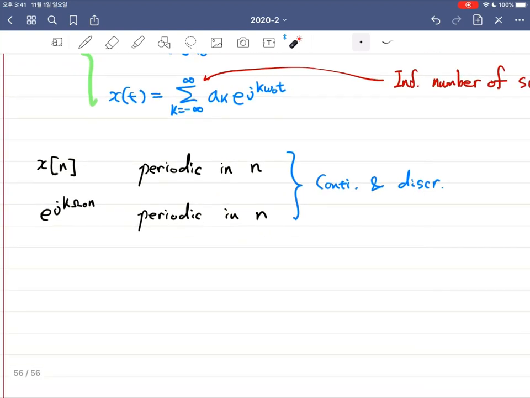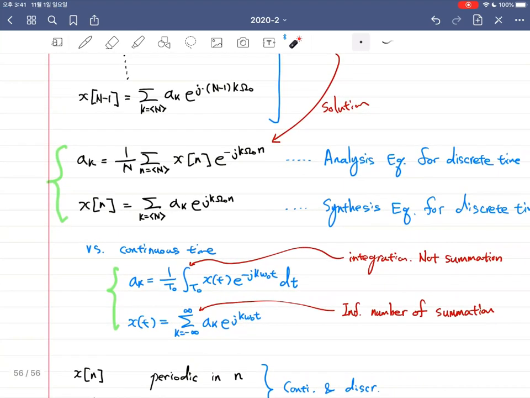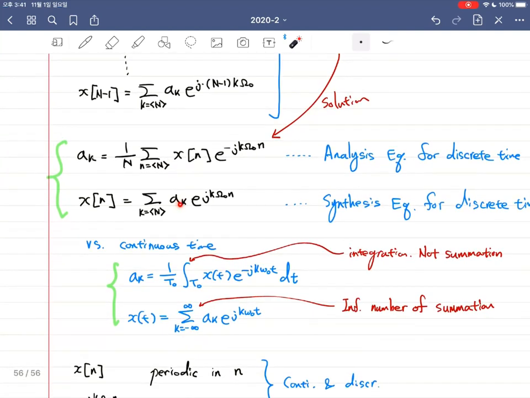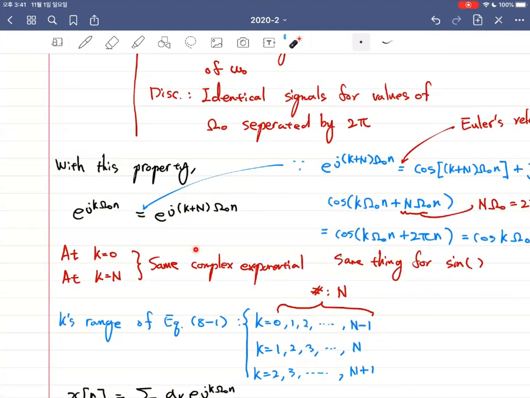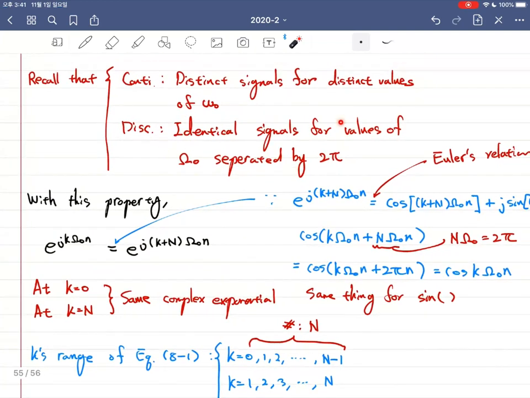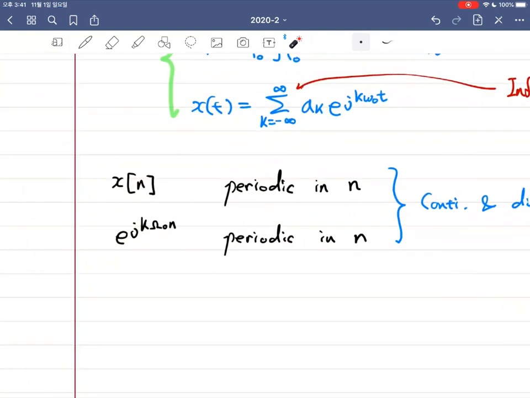However, as I have told you, we have the same value for this complex exponential because of this discrete time property. This e to the jk omega 0 n is also periodic. It's the same thing, but I'm rewriting it again, and it's also periodic with respect to k.